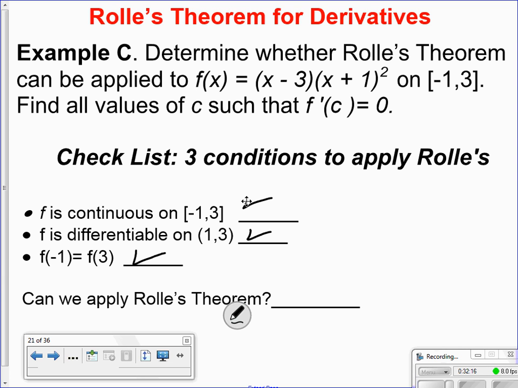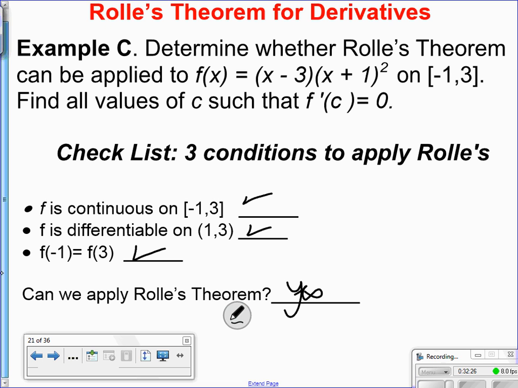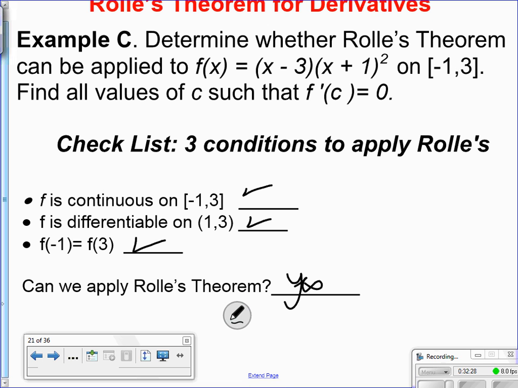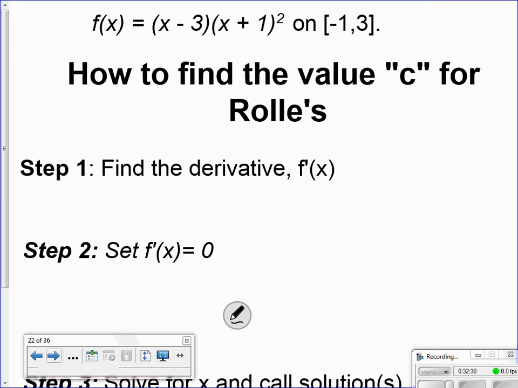So we can apply Rolle's. Again, all polynomials are continuous and differentiable. So all we have to do is get the derivative, set it equal to 0, and any answer between -1 and 3 is our value c.